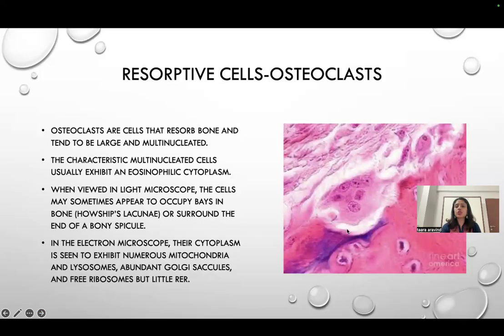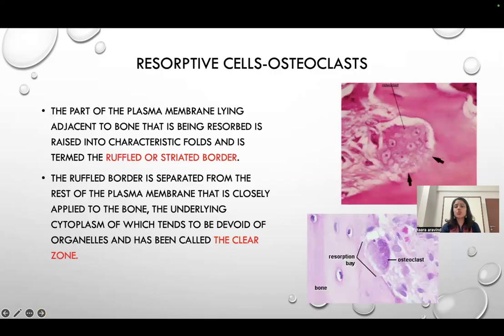And what happens? They usually rest on these resting bays, and they are known as Howship's lacunae. Once they come and rest on the particular bone surface to be resorbed, or on the Howship's lacunae, the next thing is they form a characteristic fold.